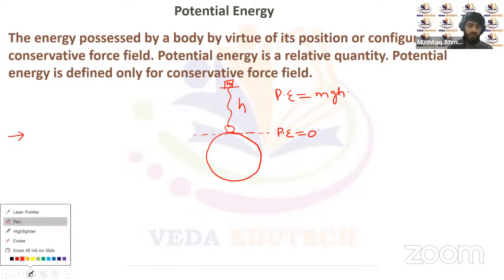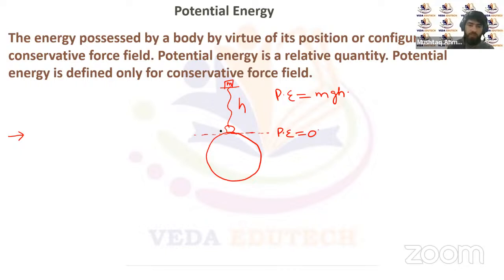Now, since this is a conservative field, if we take this body of mass m to the same height h through a different path, the potential energy stored will once again be equal to mgh.